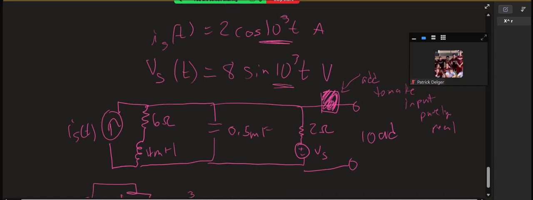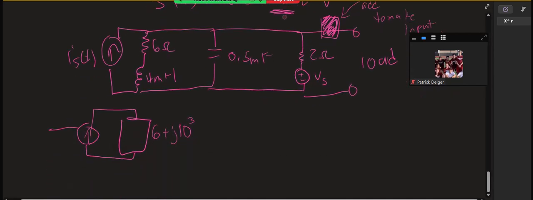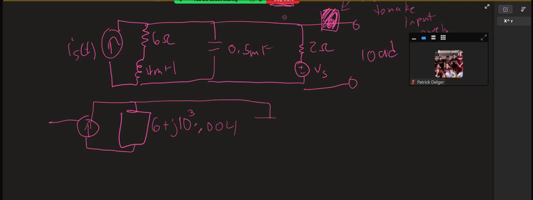That's omega. J omega times 0.004. My capacitor is minus j over omega times 0.0005.